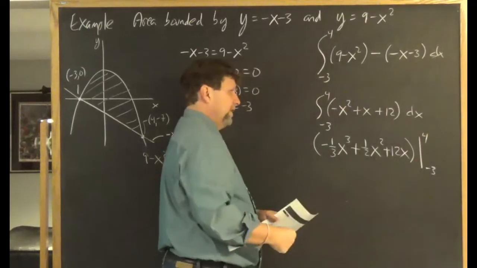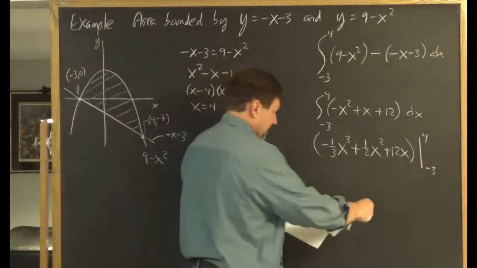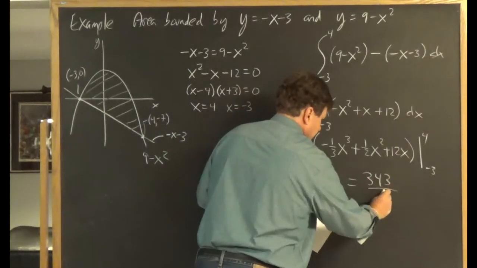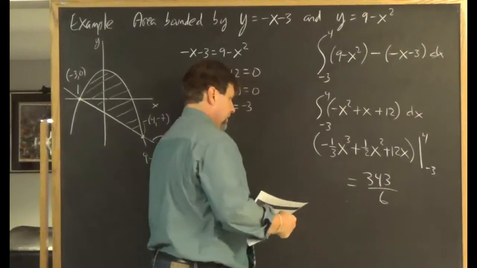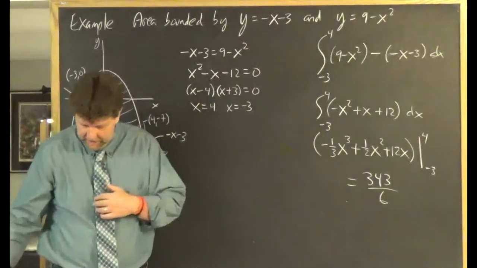And then I use the fundamental theorem of calculus, and I end up getting 343 over 6, or 57.16, where the 6's repeat.